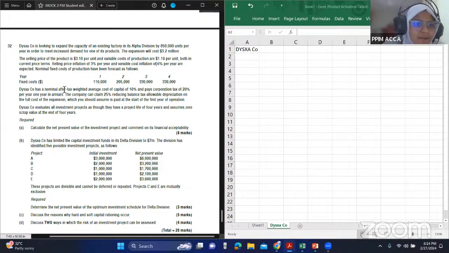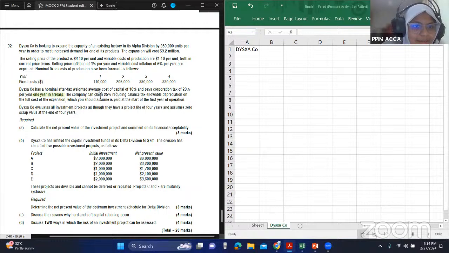Disca company has a nominal after-tax weighted average cost of capital, a WACC, of 10% and it pays corporation tax of 20% per year, 1 year in arrears. That's important. Okay, so it's 1 year in arrears.